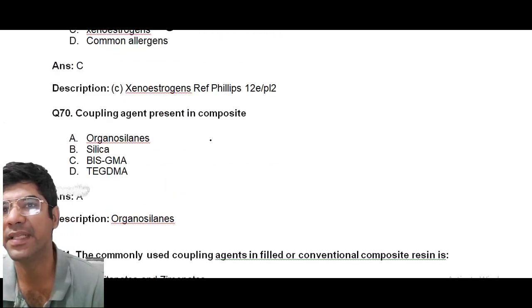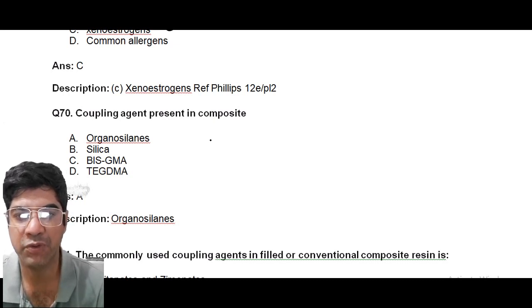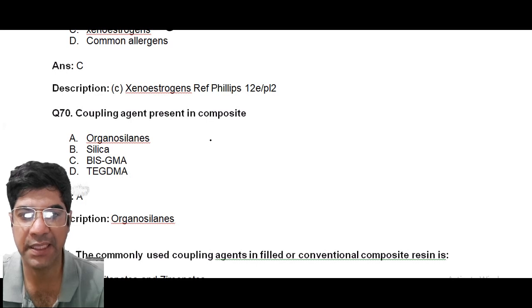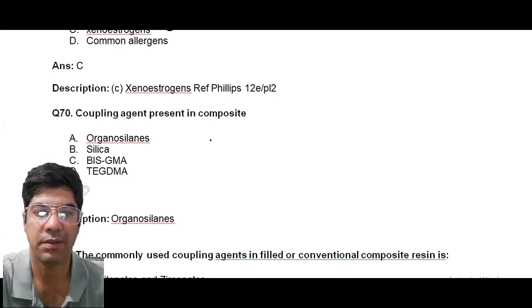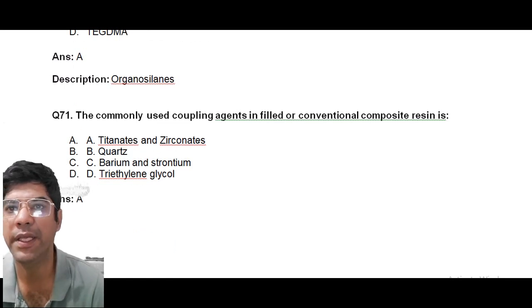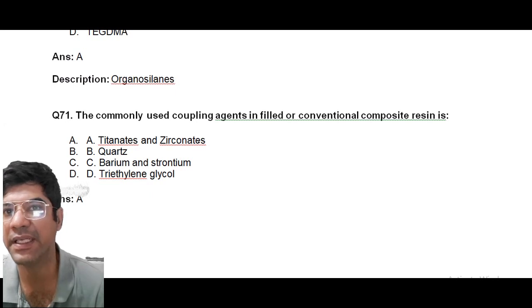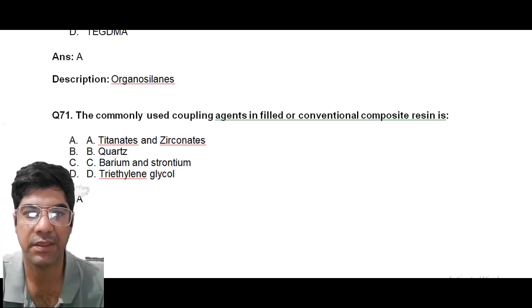The coupling agent present in composite is organosilicate. Organosilicates are commonly used as coupling agents. Coupling agents are substances that help to improve the bond between filler particles and the resin matrix in the composite.